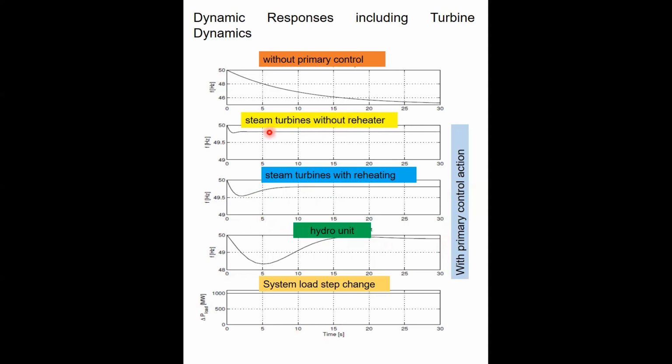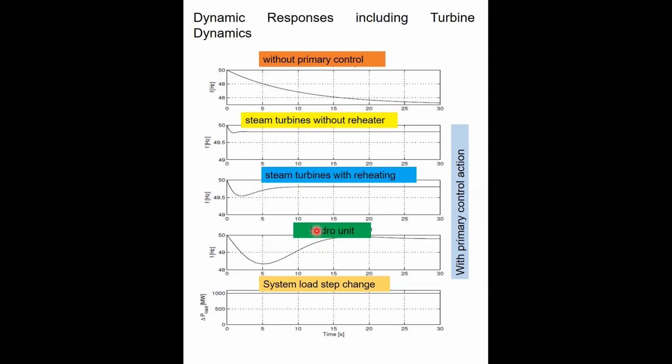Without reheat, the deviation is much lower and the response is faster, but with reheat the deviation is more, because this is the nadir, the maximum frequency deviation, and then the frequency settles down to the final value.